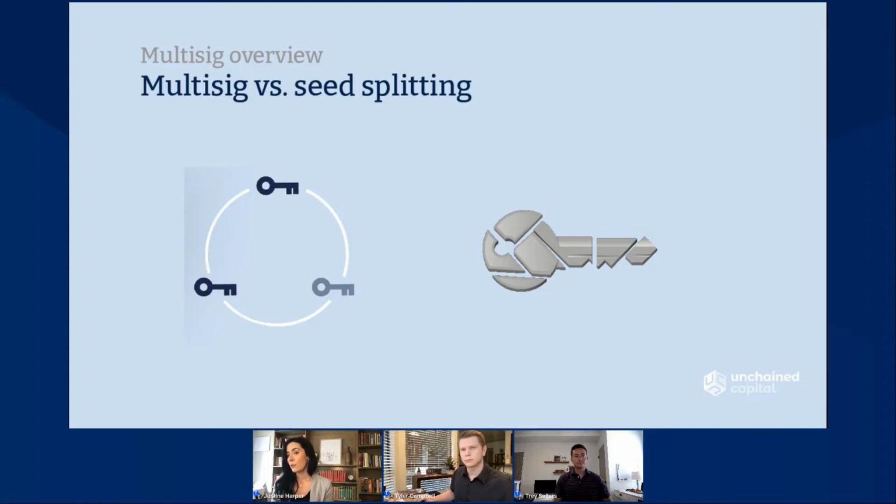Also, after you've put this back together or reconstructed it, it gives information about your setup, which means you don't want to use it again. So every time you would sign with this, you then have to create a whole new setup with your seed splitting. So just some things to keep in mind. That's why we personally prefer multi-sig. It just eliminates those single points of failure in an easier fashion, but it's important to remember the differences between them.